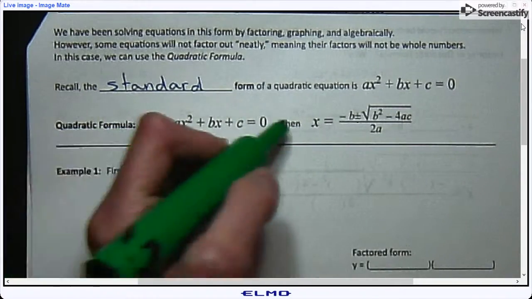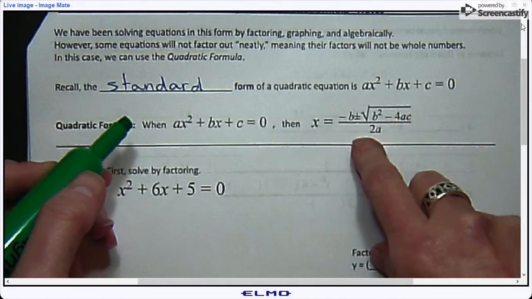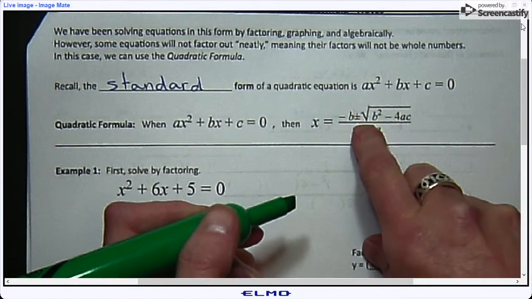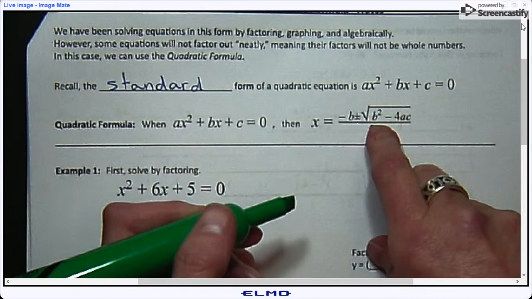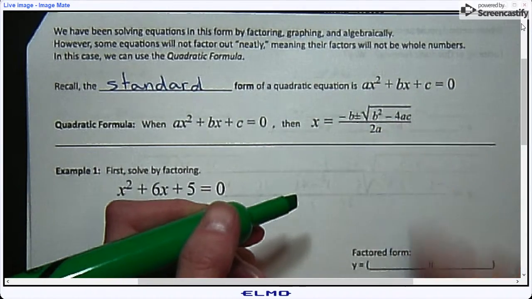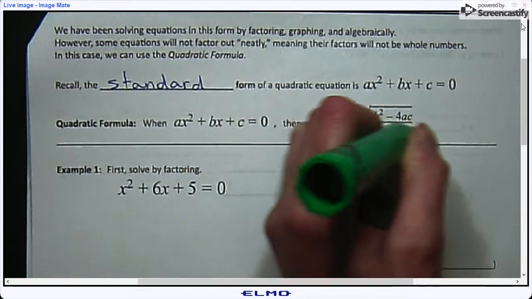When we are using the quadratic formula, we use this formula here: x equals negative b plus or minus the square root of b squared minus 4ac, all divided by 2a.